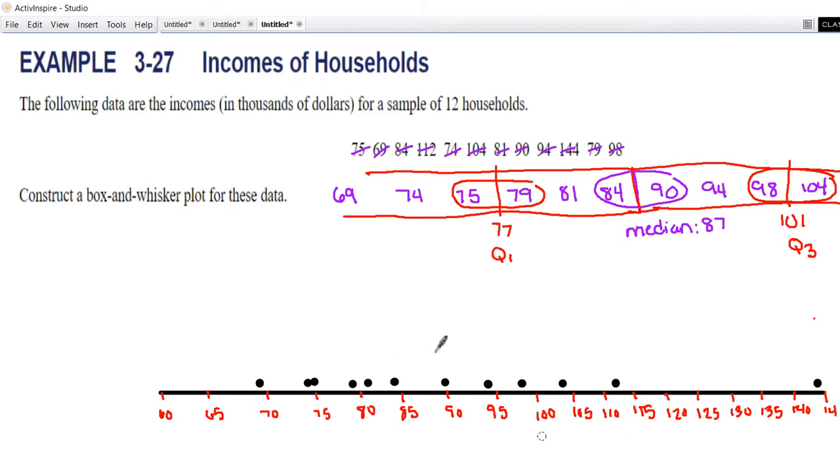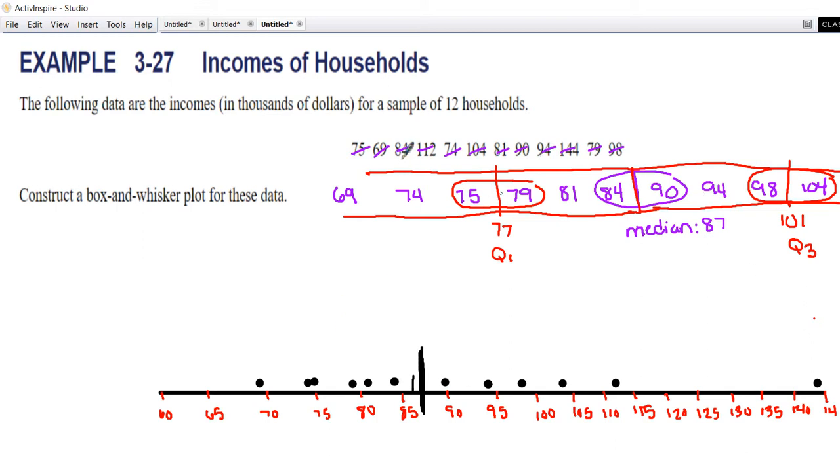Okay, now what I'm going to do is first make a line at my median. So my median was 87. So 87 is about right here. Okay, we make a line. That's my median.